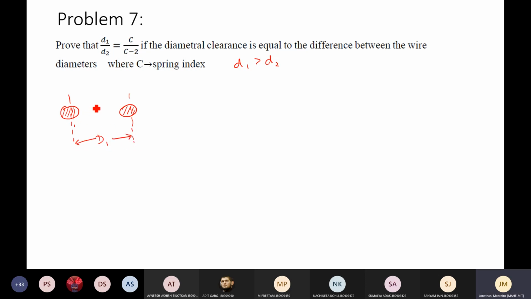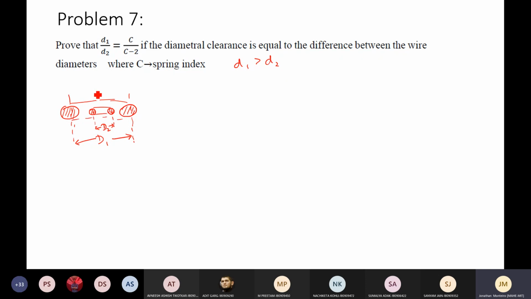And here in between you have a smaller coil with its own diameters. So from here to here it is d2, and this is the outer one.